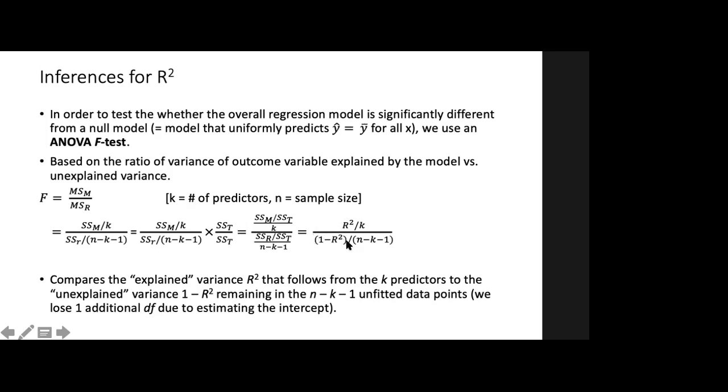So our residual variability is just 1 minus the explained, model variability. I included that only to show you that this is really a test of R squared.